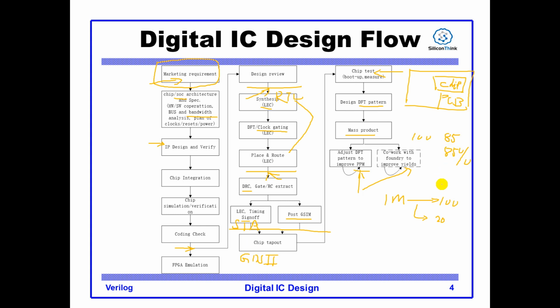And the design house may co-work with the foundry to improve this number. For example, we want to improve it to 90%. The bigger this number, the more profit we will get from this project.